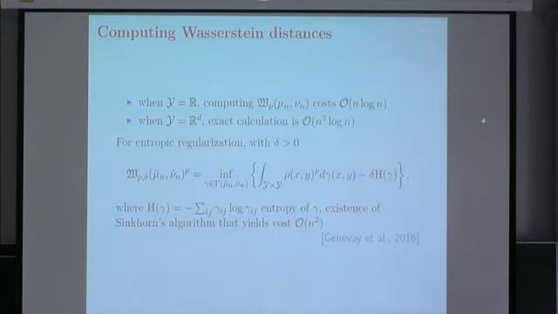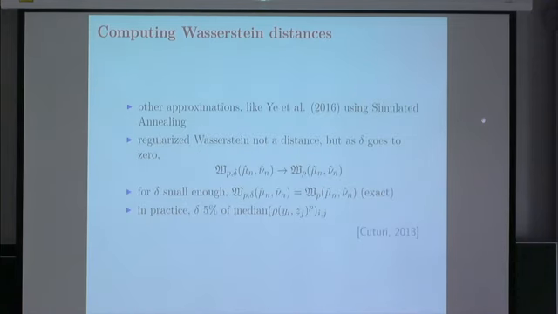One is through a regularization, called the Sinkhorn algorithm, which reduces the cost from n to the 3 to n to the 2. That's already some gain. And then there are other approximations that are more or less reliable and more or less fast.